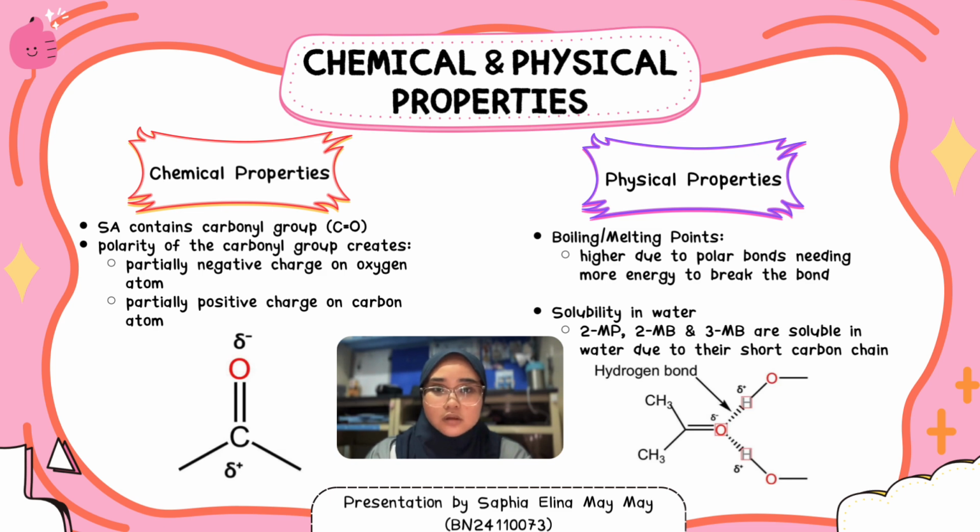Additionally, the solubility of these aldehydes in water is impacted by the polarity of both the aldehyde molecule and the water molecule. Since water is polar and the aldehydes have a short carbon chain, 2MP, 2MB, and 3MB are soluble in water. The non-polar hydrocarbon parts of the aldehydes interact with water molecules, allowing them to dissolve.